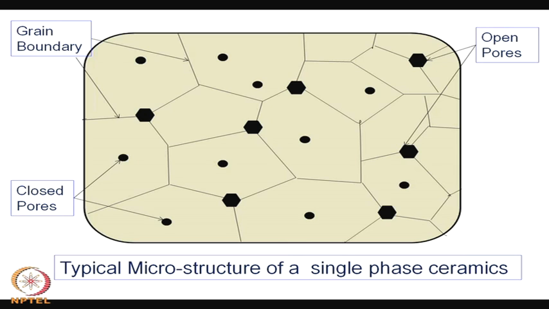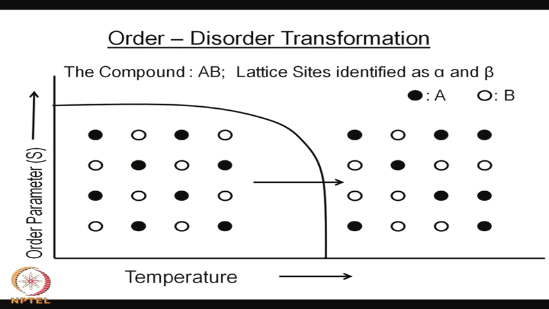Depending on the nominal composition of the material, there may be a second phase. So, a second phase of this distribution, not pores, can also be called a 3 dimensional defect, okay. So, that is what we call 3 dimensional defects.